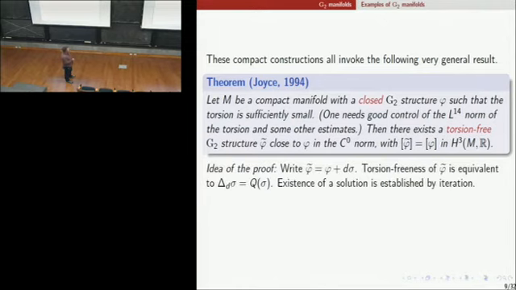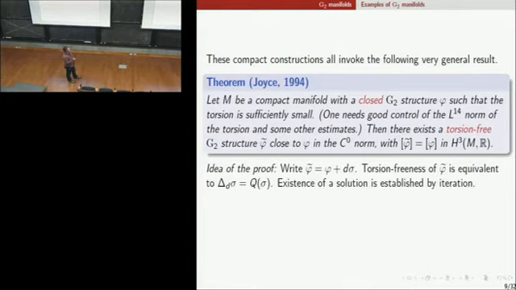And the idea is he wants to stay in the same cohomology class, so he just adds an exact 3-form. And he shows that if this is sufficiently small, and if you have these estimates on the initial torsion, then phi tilde being torsion-free, that means being parallel with respect to its metric, is equivalent to a nonlinear, second order PDE on sigma.